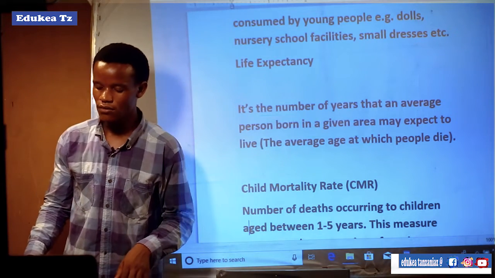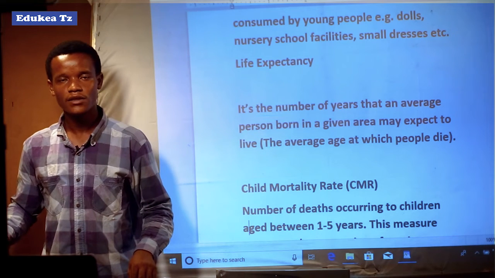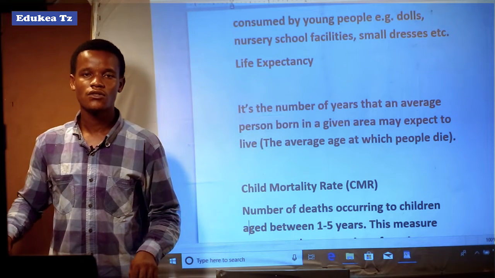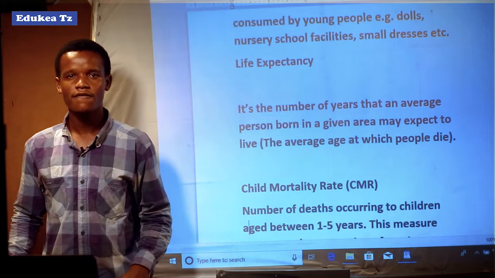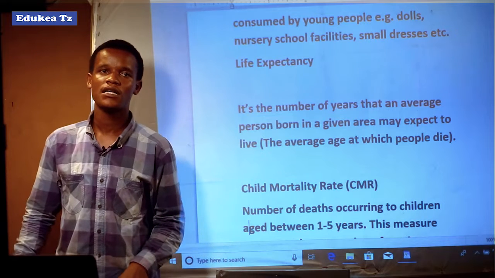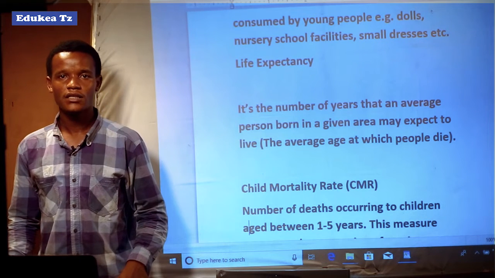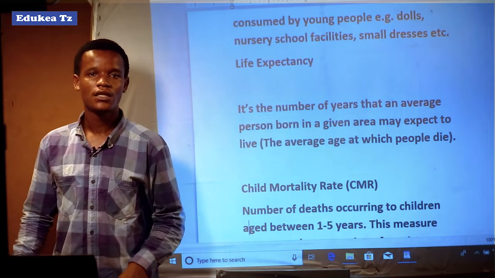You can relate this to development: areas that have developed economically, socially, and politically tend to have a different life expectancy compared to developing countries like Tanzania. The life expectancy of Tanzania cannot be compared with that of China. It's quite different.